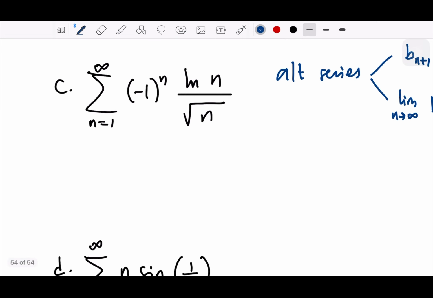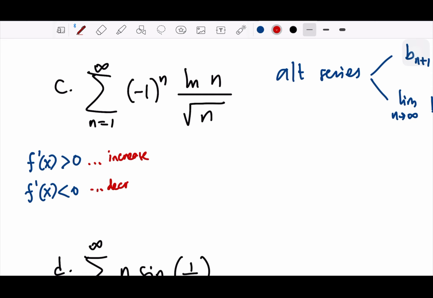So remember that if this is f(x), if f'(x) is positive, this is increasing, and if it is negative, this is decreasing. The same way, if you want to check whether the function can be integrated or not, you can also check with the first derivative to see whether it's increasing or decreasing.